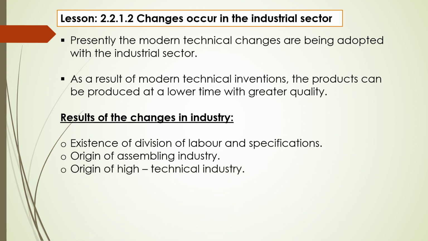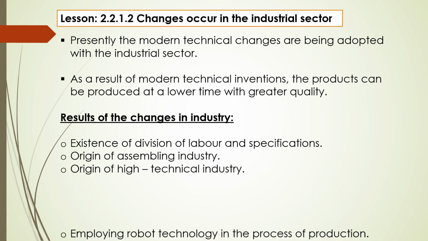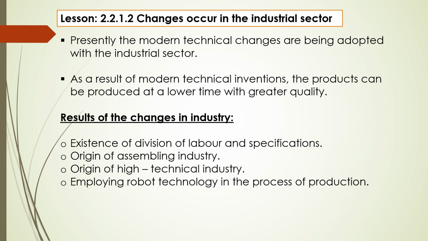And then the origin of high technical industry. Nowadays in the industrial sector, high tech is applied. And the other thing, employing robot technology in the process of production. Instead of using manual labor, robot technology is adapted.